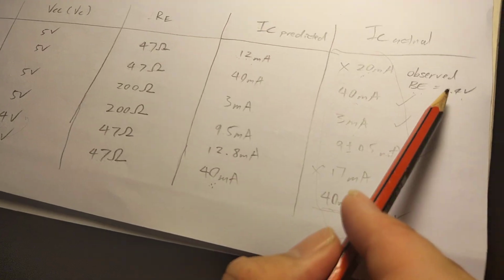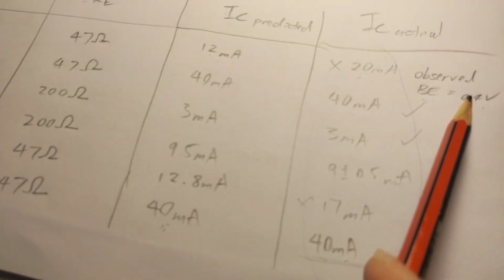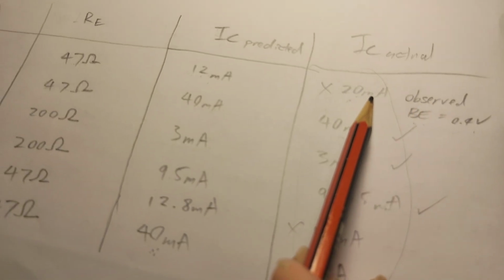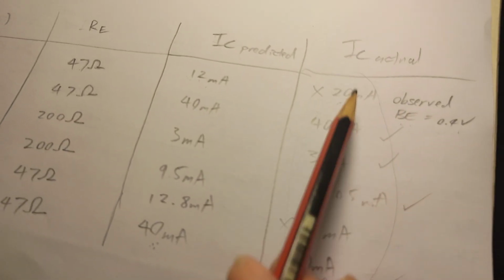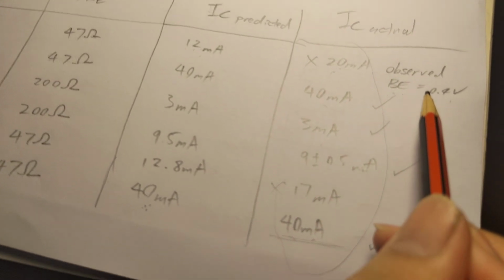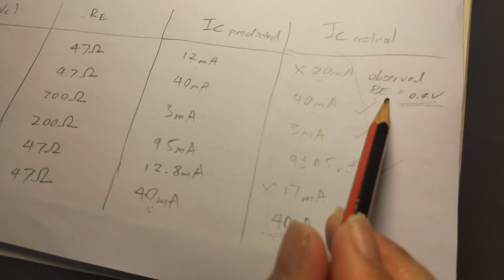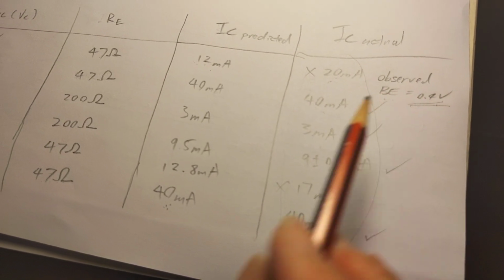However, it can't be completely cut off because there's still 20 milliamps of current flowing from the collector to emitter. So I'm not sure why it's showing 0.4 on the base emitter. This is something that I can't quite figure out.